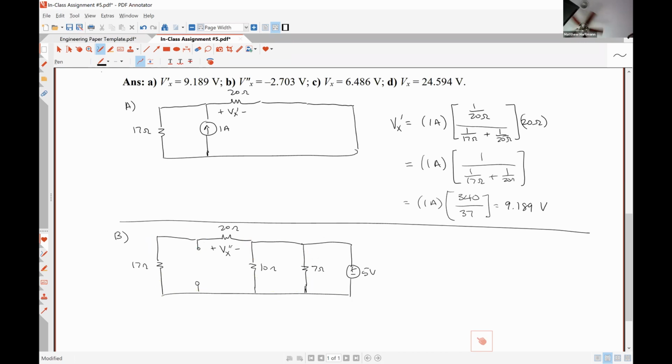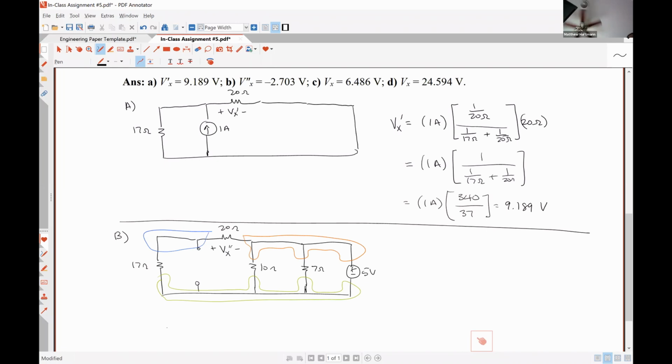So the potential difference between this orange node and this green node is 5 volts with positive polarity on the top. So even though there are these two 7 ohm and 10 ohm resistors in parallel, and the 20 ohm resistor that is in series with the 17 ohm resistor, we know that there is a total voltage drop of 5 volts over those two elements. So this is a great place to use the concept of voltage division.